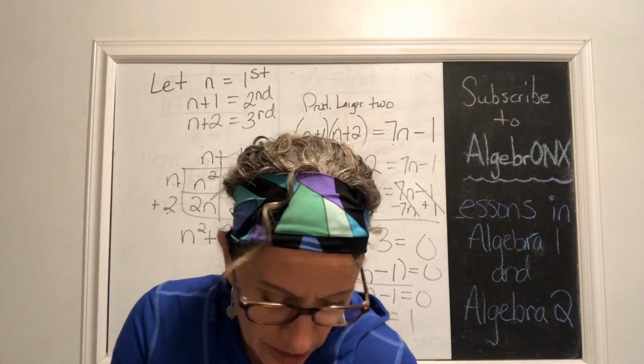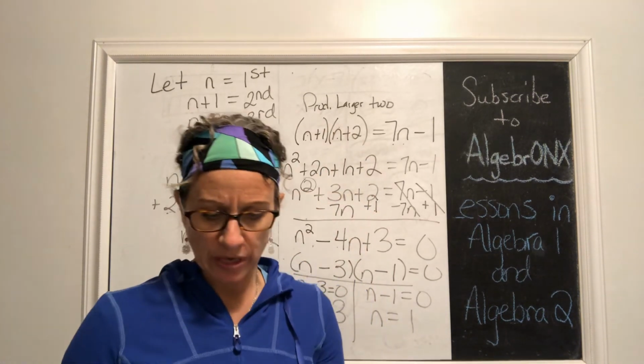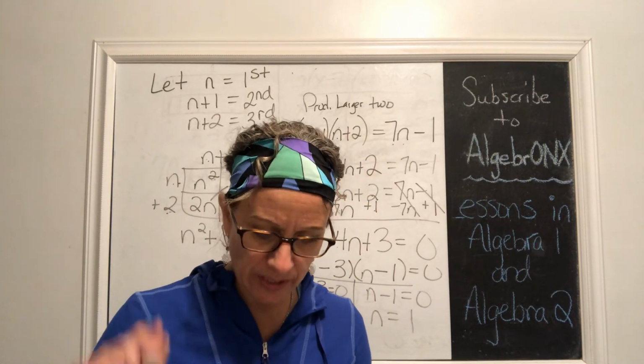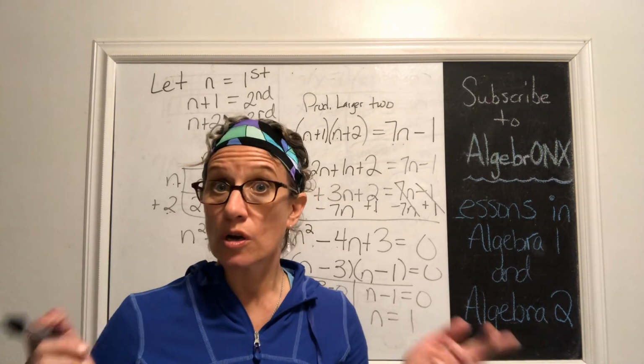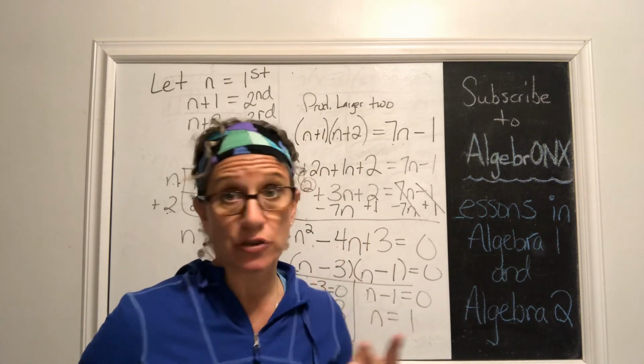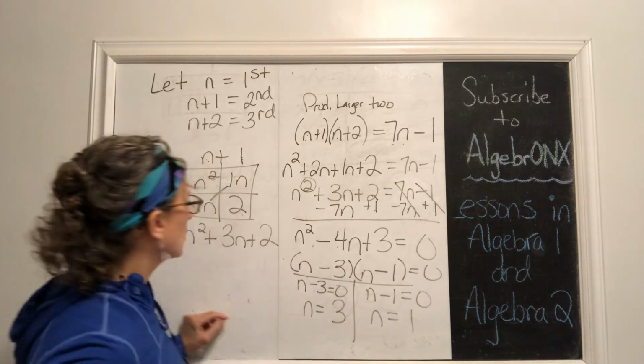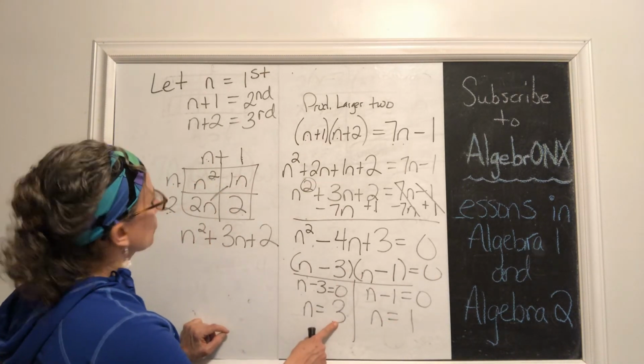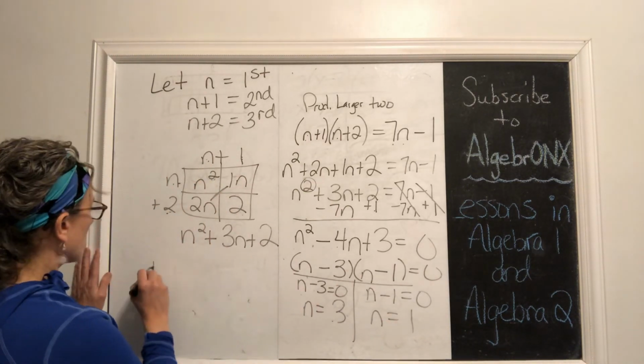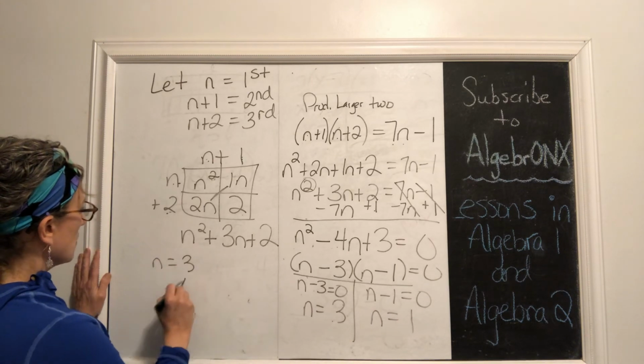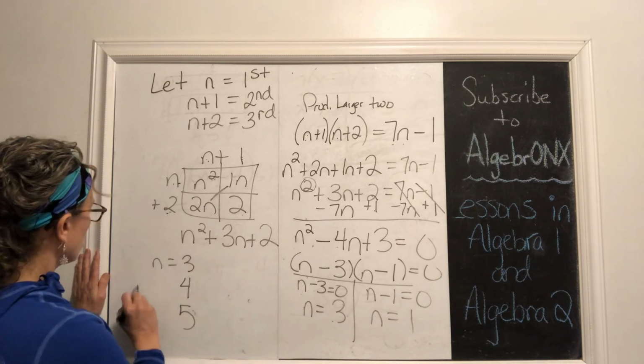Now what was the criteria? We needed to set up and solve an equation that could be used to find both sets of integers. So we have two different answers, two sets of answers. When n is 3, my numbers are 3, 4, and 5.